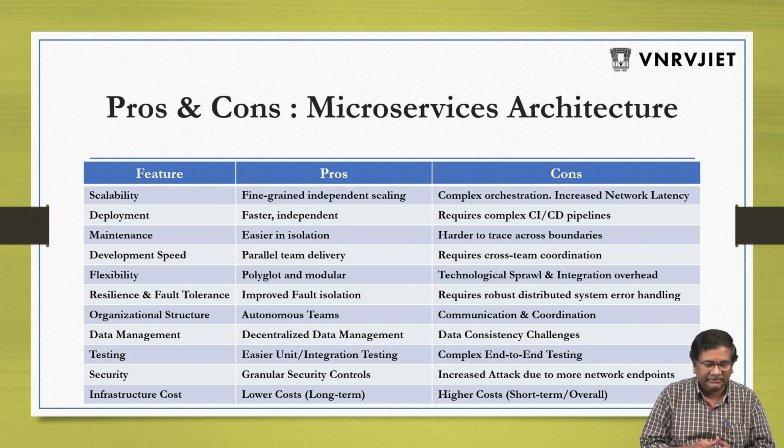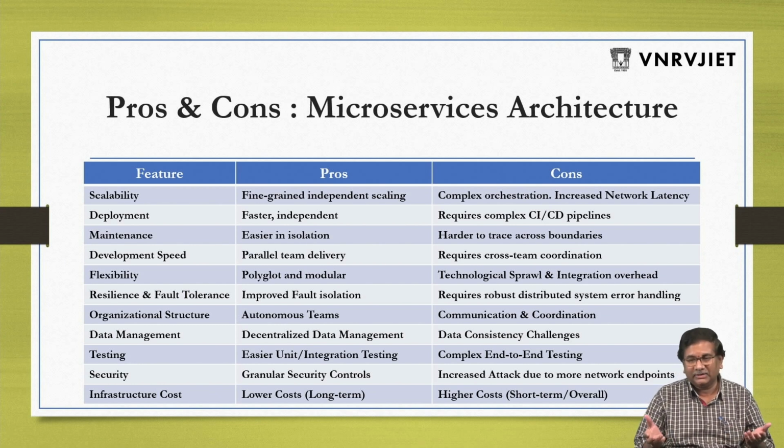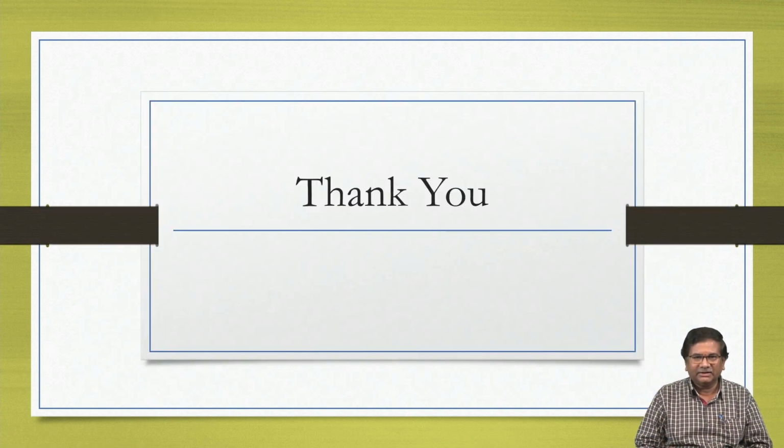Debugging challenges are going to be there. Security: granular security controls, that's a pro. Increased attacks due to more network endpoints, obvious, right? You have more instances of more services, so more endpoints, more issues. Infrastructure cost: lower cost in the long term, higher cost in the beginning. Obvious, right? So that's what the pros and cons are.